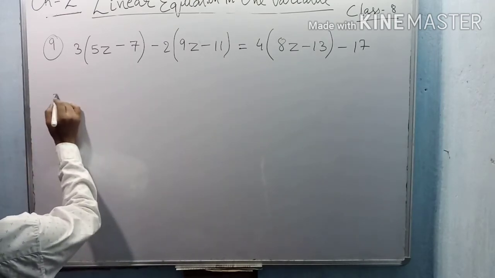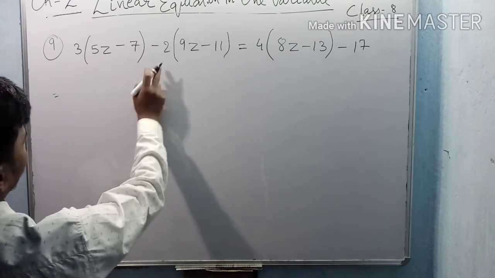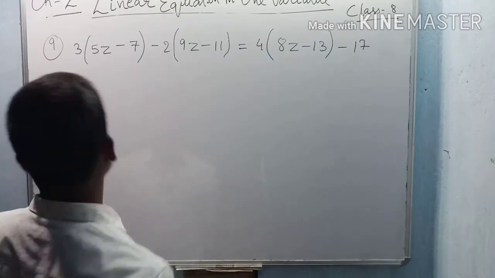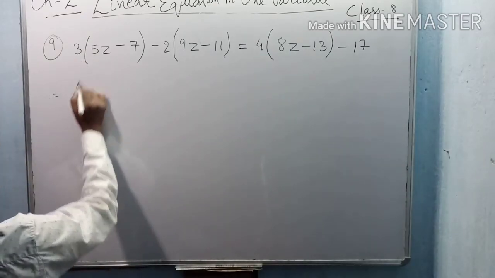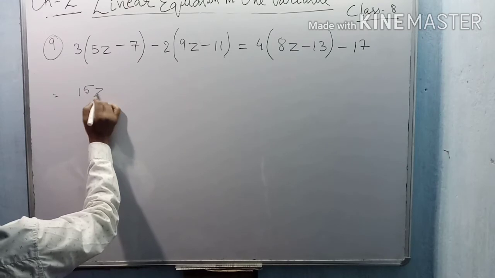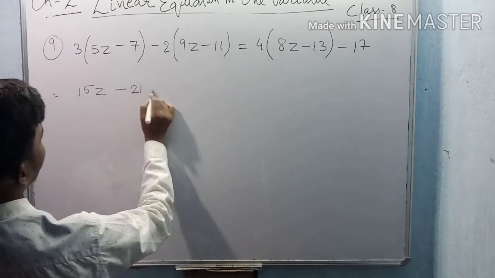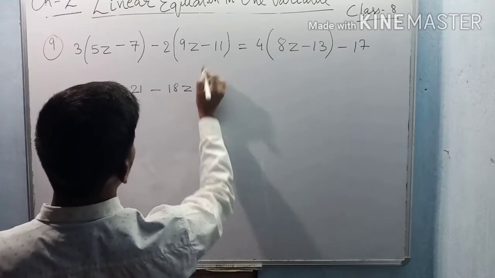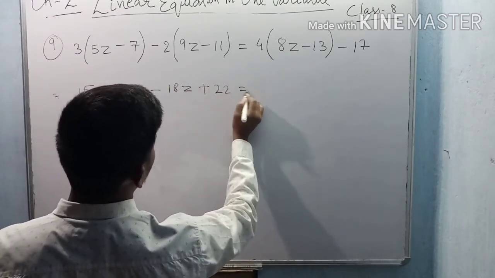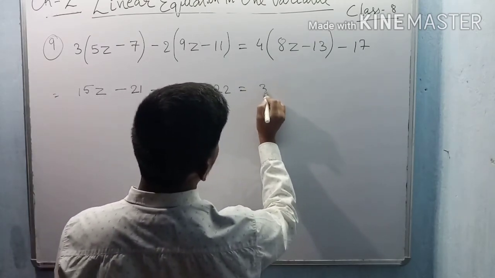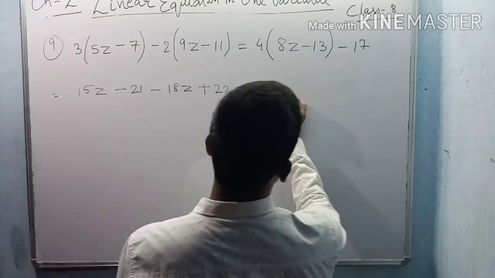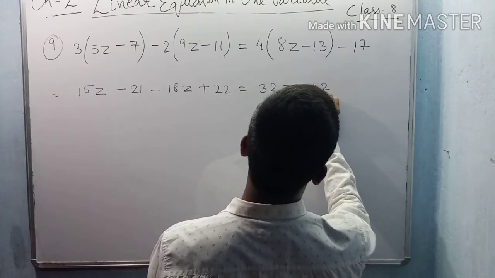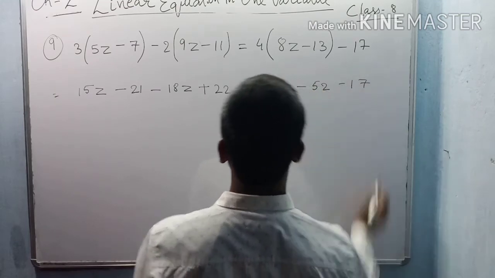The ninth question is saying that 5 bracket 3z minus 7 minus 2 bracket 9z minus 11 equals 4 bracket 8z minus 13 minus 17. The question is very simple. 5 into 3 will be 15z, minus 7 threes are 21, minus 9 twos are 18z, 11 twos are 22, but minus minus plus 22 equals 4 eights are 32z, minus 13 fours are 52, minus 17.